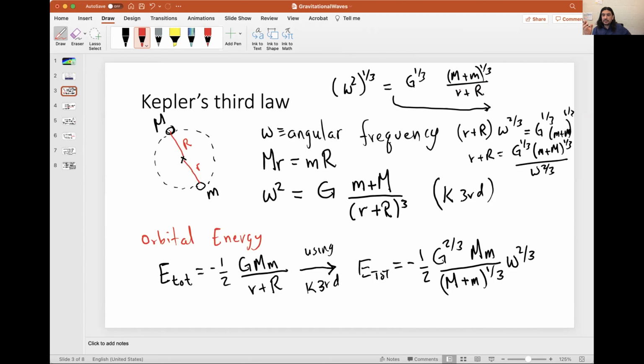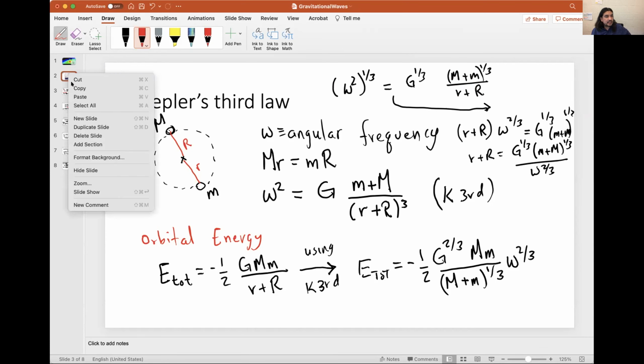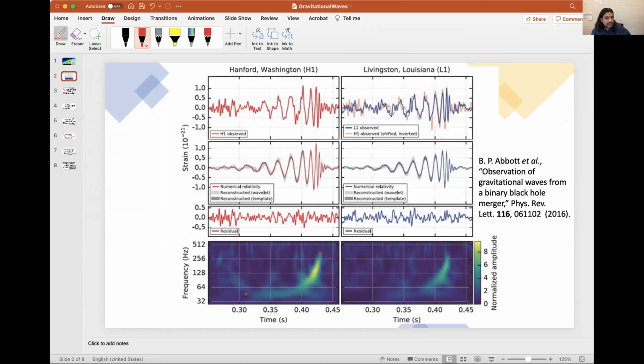So when they started to inspiral, if we do this, we see that they were about 800 kilometers away here in this position when you start seeing this motion right here. They started at 45 hertz, and that would correspond to about 800 kilometers separated from each other.